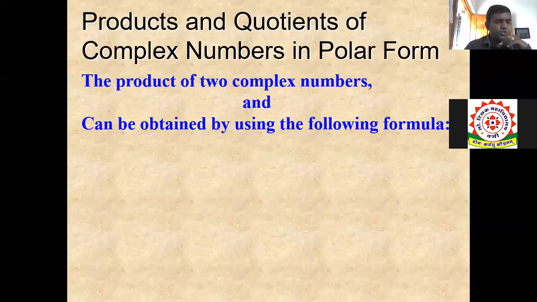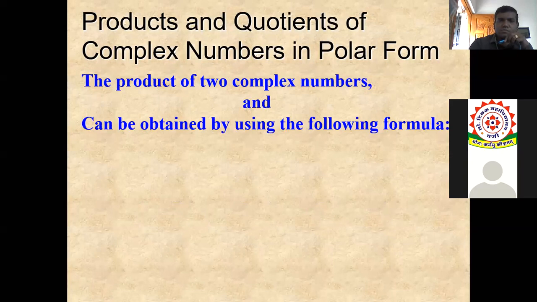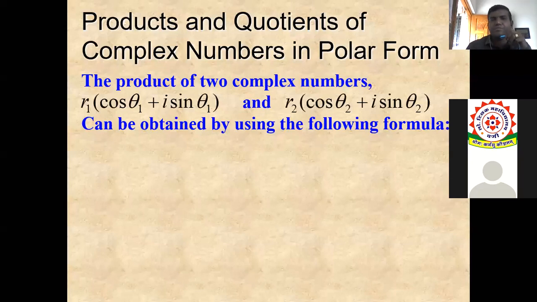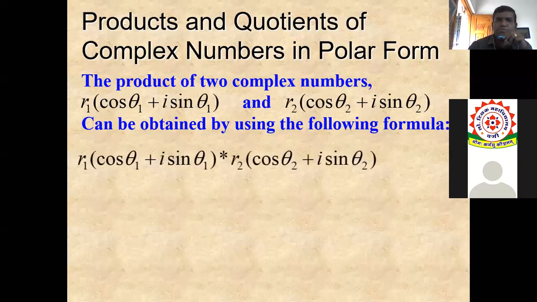Product and quotient of complex numbers in polar form. Two complex numbers in polar form are r1 (cos theta 1 plus i sin theta 1) and r2 (cos theta 2 plus i sin theta 2).